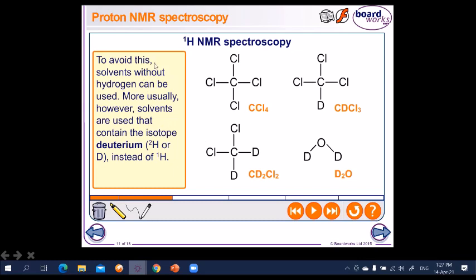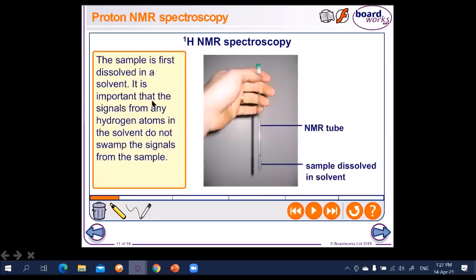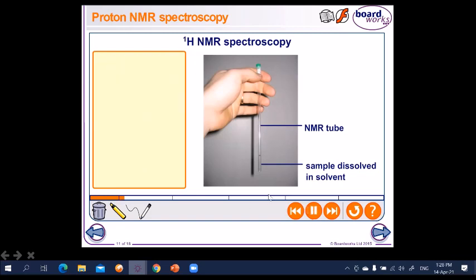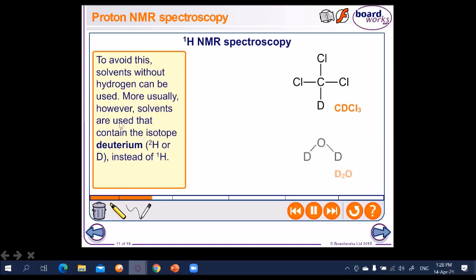So anyways, to make sure the signals from hydrogen atoms in the solvent do not swamp the signals you get from the sample, you use solvents without hydrogen. Usually they use solvents that contain an isotope of hydrogen called deuterium, which has a mass of 2.